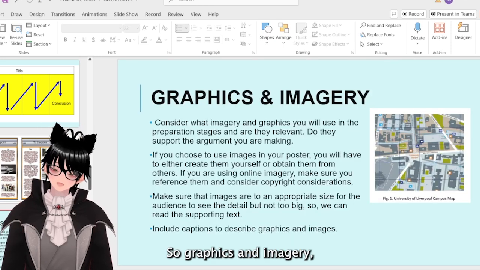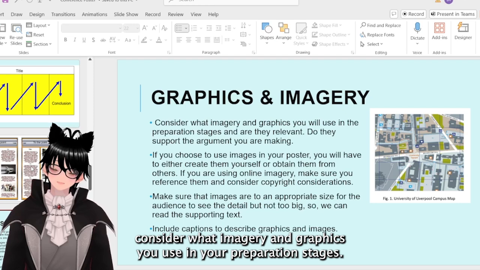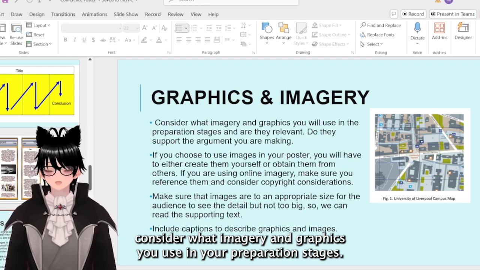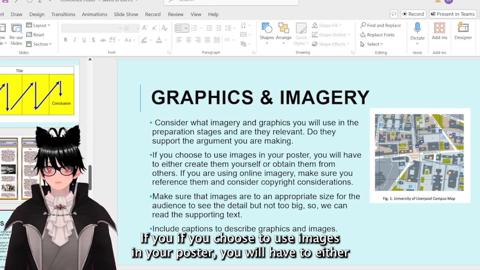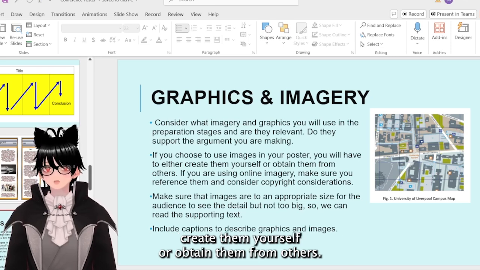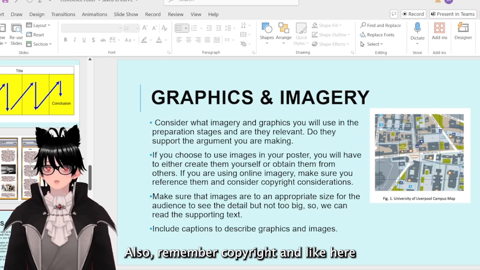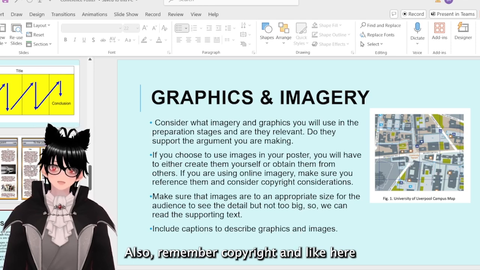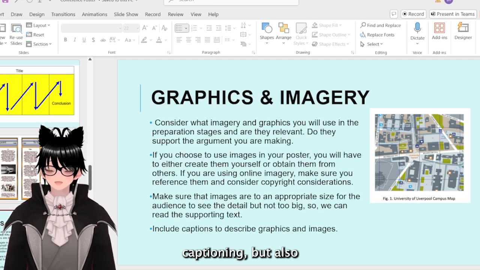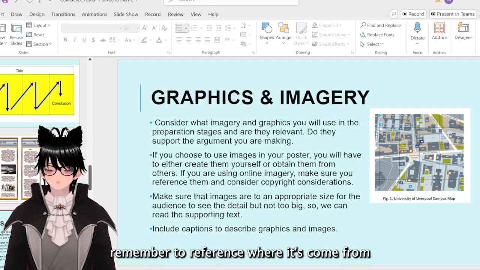So graphics and imagery. Consider what imagery and graphics you will use in your preparation stages. If you choose to use images in your poster, you will have to either create them yourself or obtain them from others. Also remember copyright and, like here, captioning, but also remember to reference where it's come from.